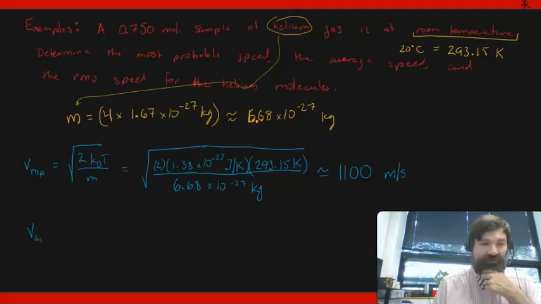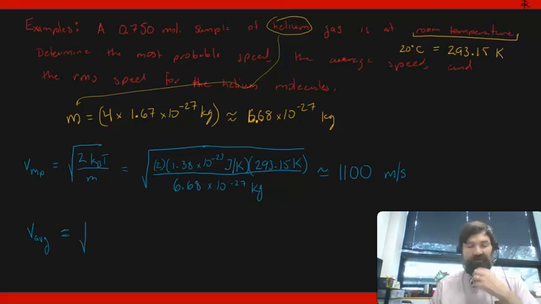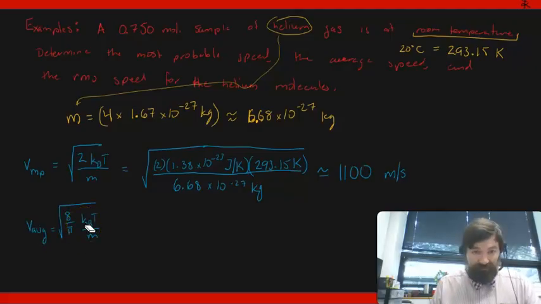So V average. Recall that the average speed is what you would get if you took all of the molecules' speeds, added them all up, and then divided by the number of molecules. I've shown an example of what that looks like in my previous video. So this basically looks like the square root of 8 over pi times kBT over m.